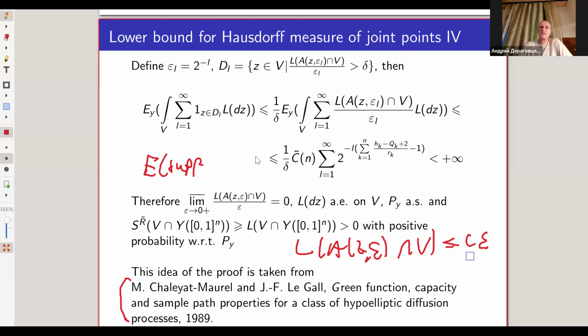But maybe. Yes, I understand, but maybe just some other related question. What do you know about infinitesimal asymptotic properties of Brownian motion on a Carnot group? Is it very different from the Euclidean case or not?